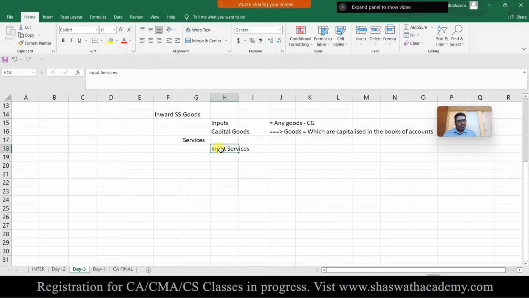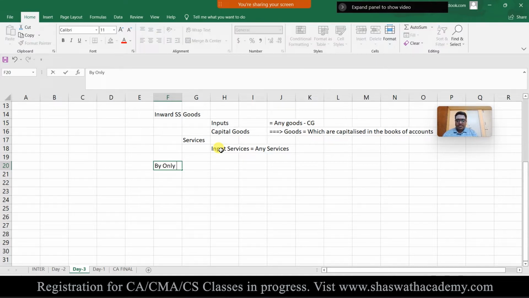And input services means any services, and services itself by default means it should be other than goods, securities and money, right? So this inward supply, sir, it is a tax paid on inward supply by whom?